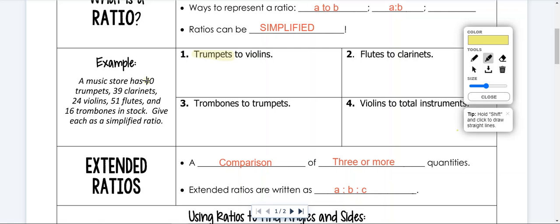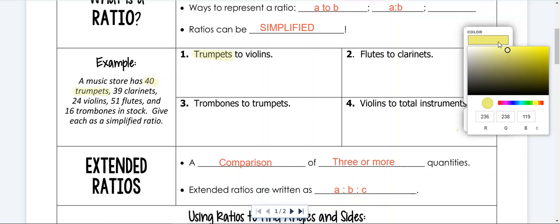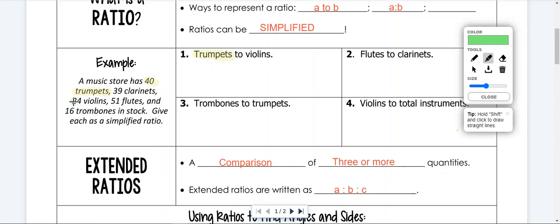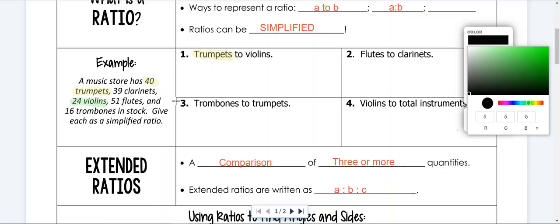Right, so a music store has 40 trumpets, 39 clarinets, and then we have 24 violins. Seems like a lot of violins to keep in stock, but you know, maybe that's just me.